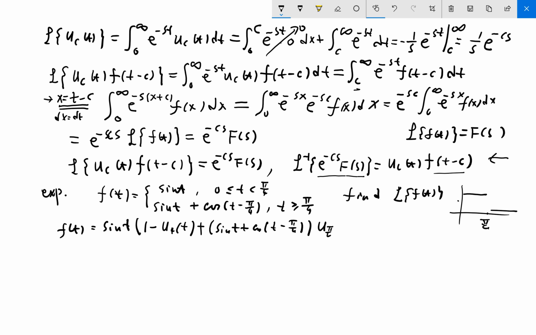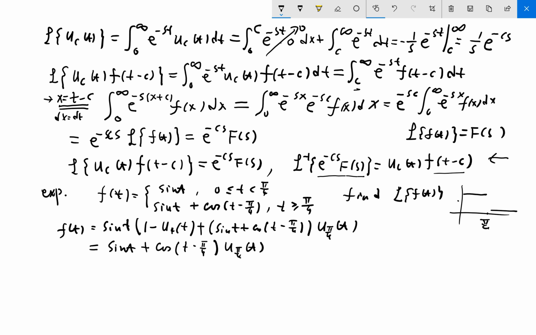That's exactly what this step function is. Simplifying, you get sine t plus cosine of (t minus pi over 4) times u_{pi/4}(t).